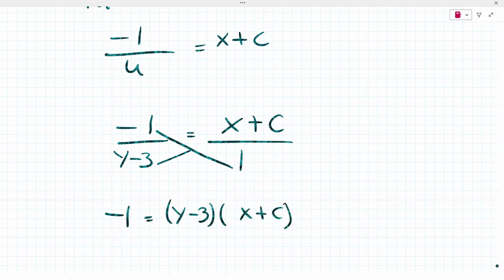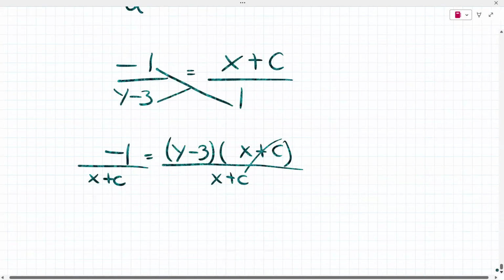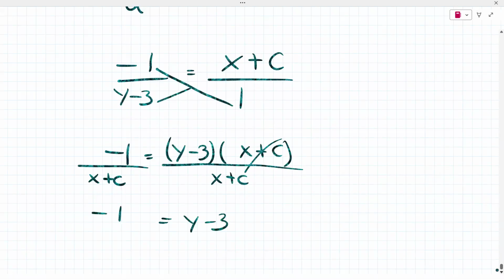And you want to try to solve for y, so get rid of this x plus c by dividing both sides by x plus c. It cancels, you're left with y minus 3, and here it's negative 1 over x plus c. And then just get y by itself.